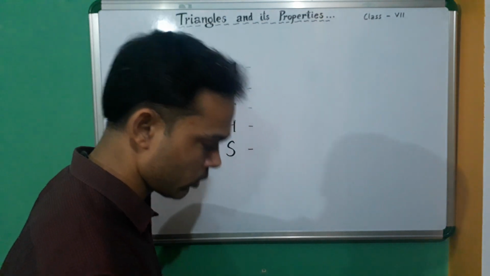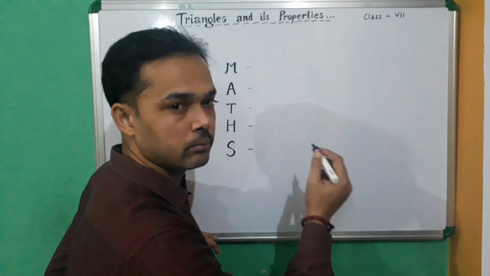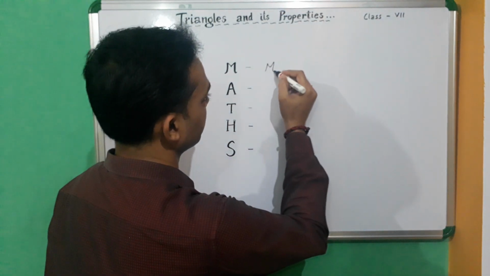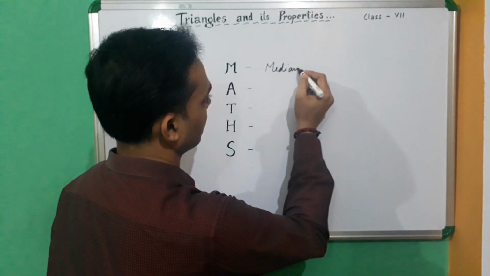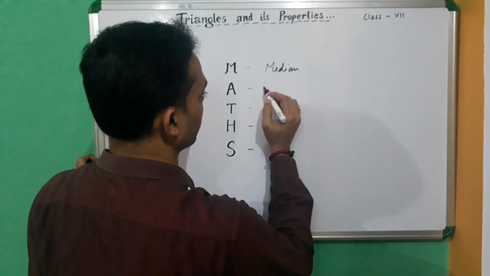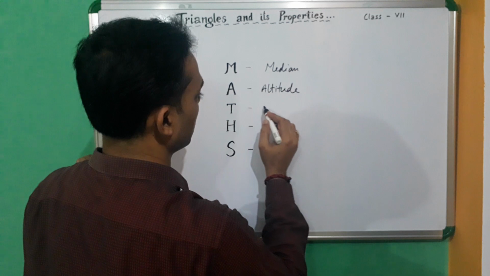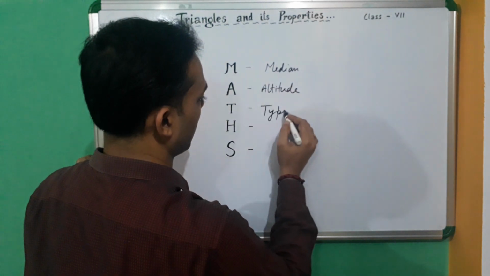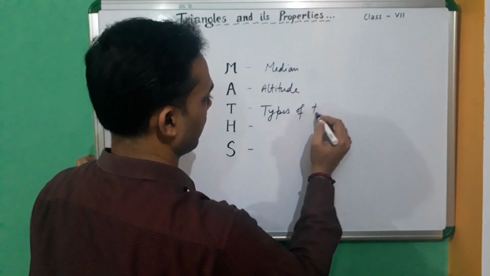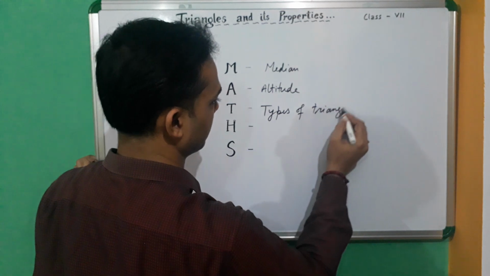So in the previous video, you have seen median, you have seen altitude, you have seen types of triangles.